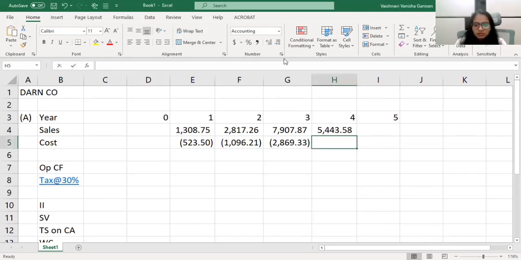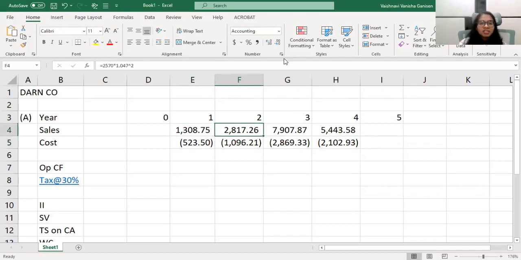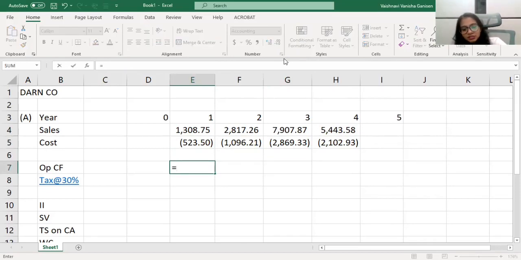All right, now the next one, negative 1750 multiply 1.047 to the power of 4. Why I asked you to make sure it's negative is because I'm going to do a trick here. Equals to SUM open bracket, you sum these two up, close bracket.